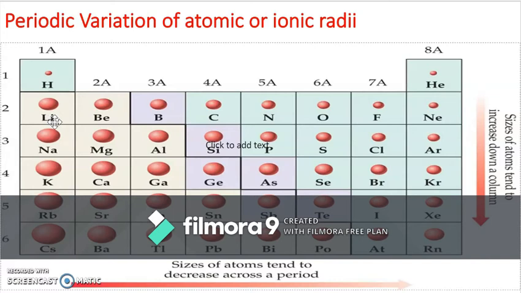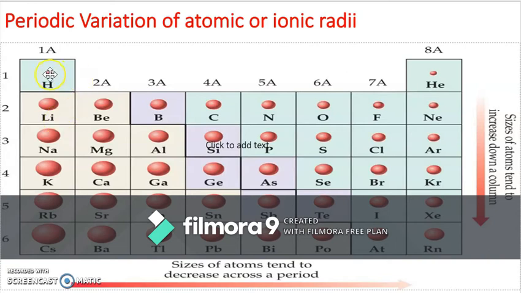But at the same time there is an increase in positive charge, that is nuclear charge, due to the increase in atomic number. This increase in nuclear charge attracts the electrons more strongly towards the nucleus. The resultant effect is that the outermost electrons experience more and more attractive force towards the nucleus with increase in atomic number, and hence the decrease in atomic and ionic radii.